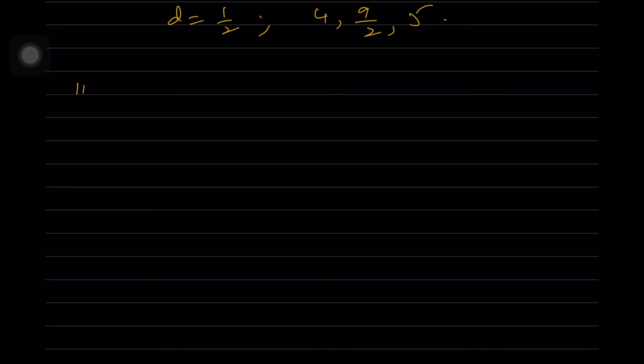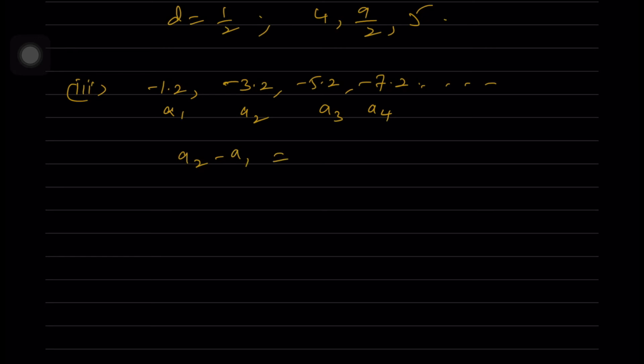So going into the next problem: minus 1.2, minus 3.2, minus 5.2, minus 7.2. So A1, A2, A3, A4 is given to us. We'll find out what the common difference is and see whether the common difference is the same throughout. So A2 minus A1 is minus 3.2 minus of minus 1.2, which is equal to minus 3.2 plus 1.2, which is equal to minus 2.